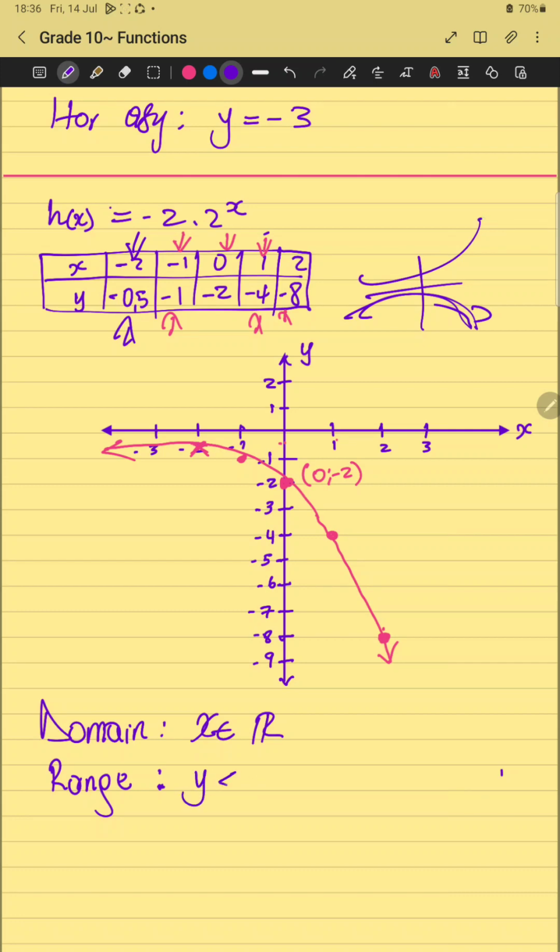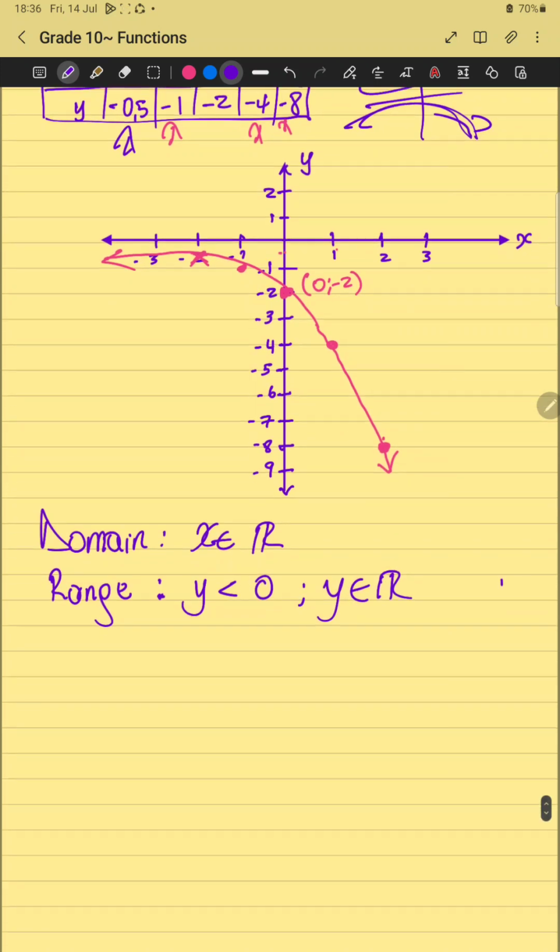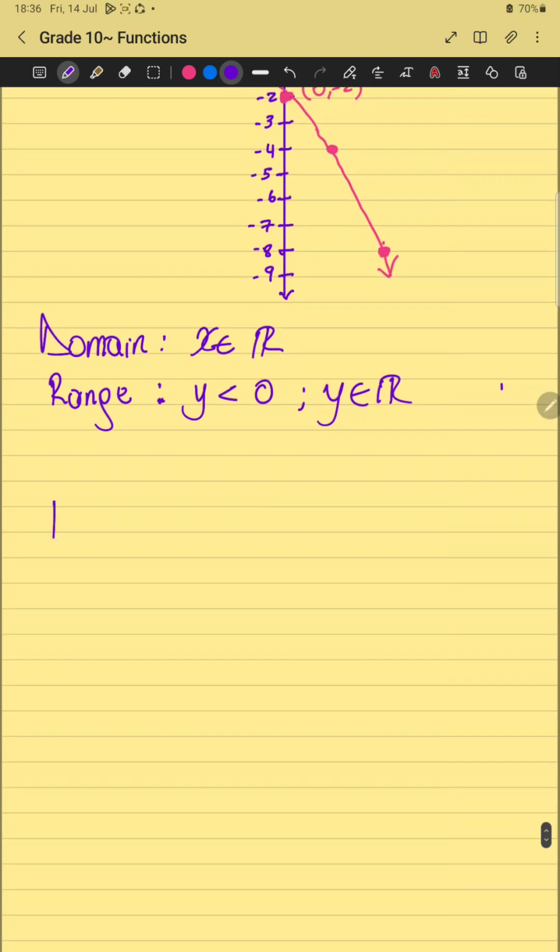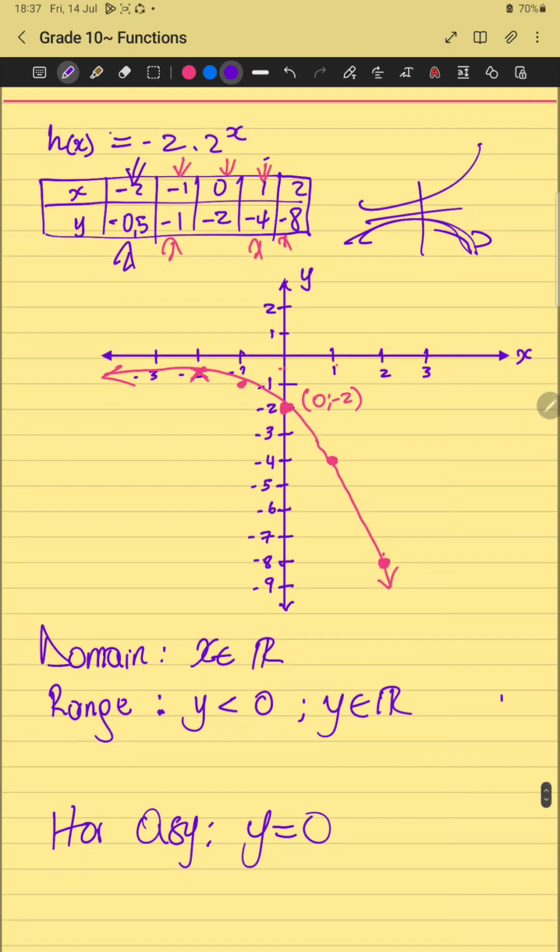So it's going to say y is less than 0, and therefore y is an element of real numbers. And the last one, the horizontal asymptote, it is given to us, and it is 0. If we don't see any number here, we just say it is 0.